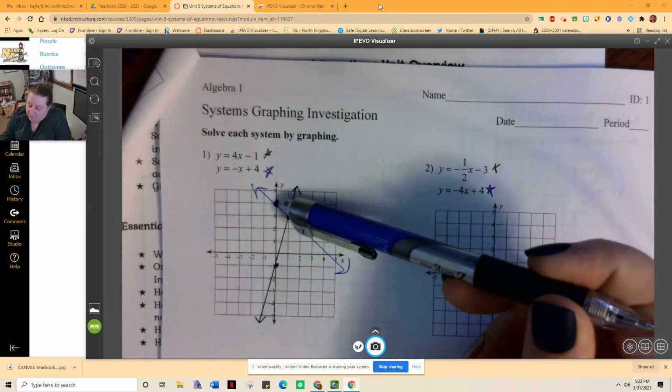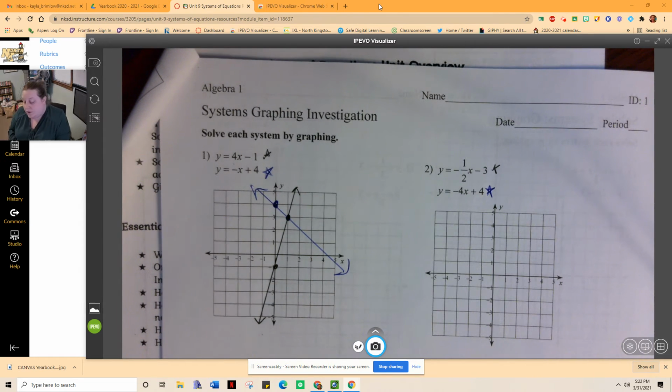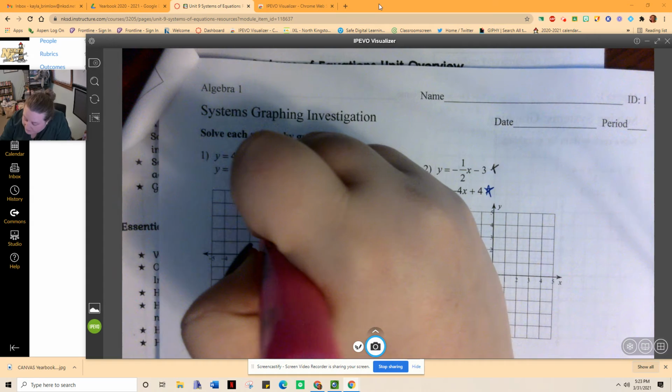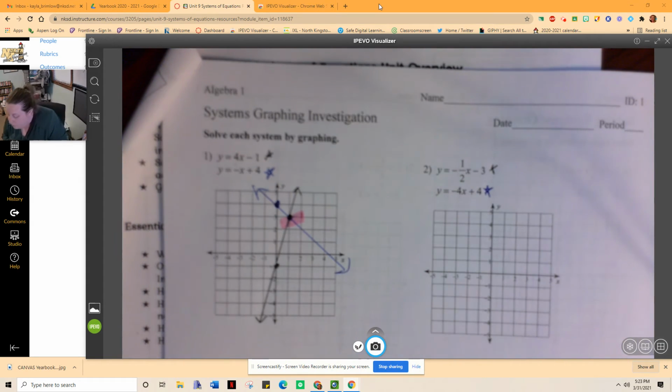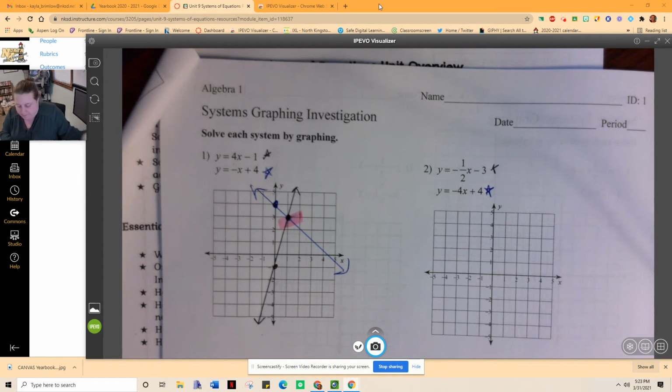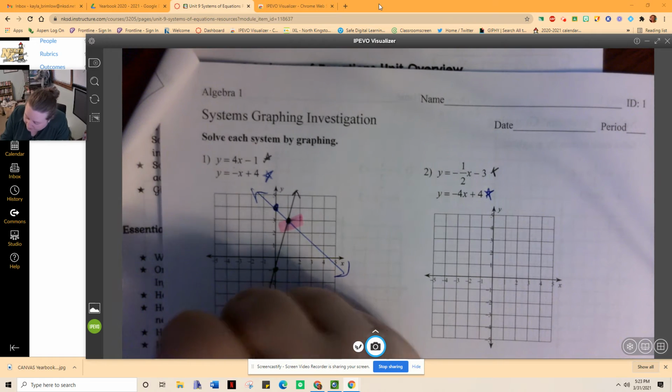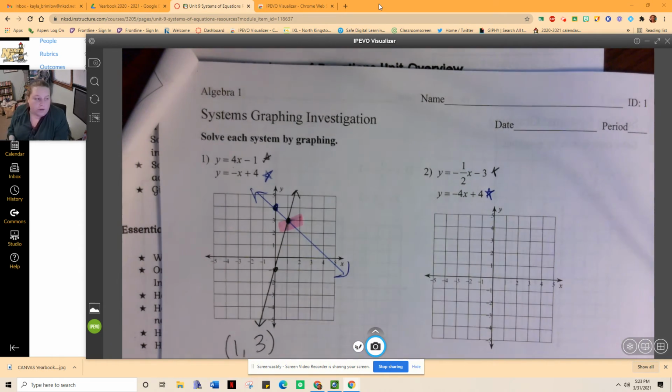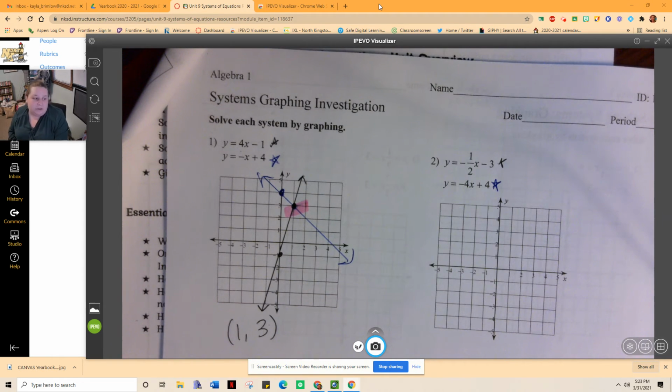One has a y-intercept that's negative and one that's positive. So if it's a solution or I'm solving something, it has to be the same for both. It has to work for both equations. So the only part I see that's working for both equations where they're overlapping is right here at this point 1, 3. Okay. So we would say that this place where they overlap, that coordinate that they have in common is their solution.